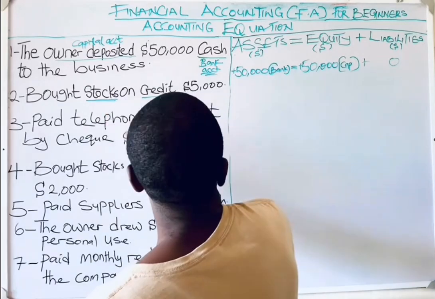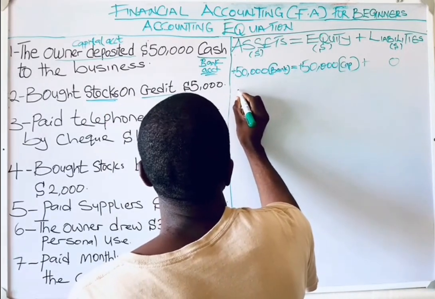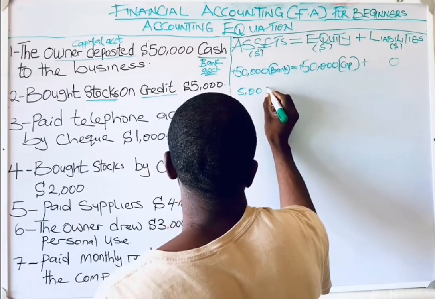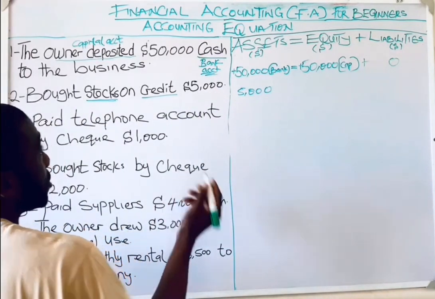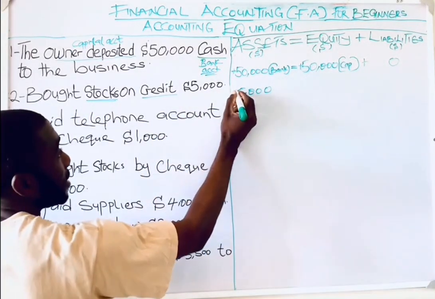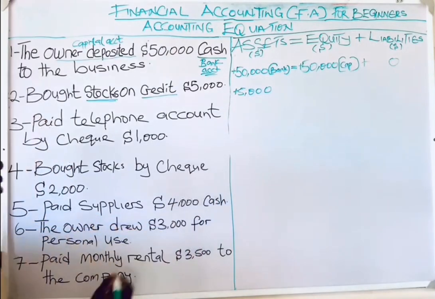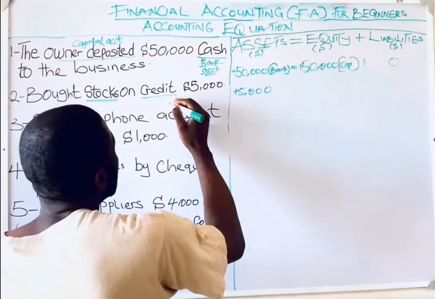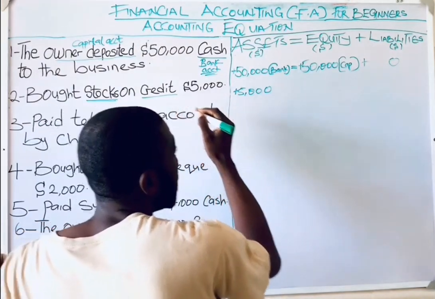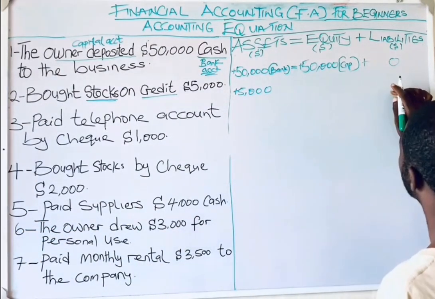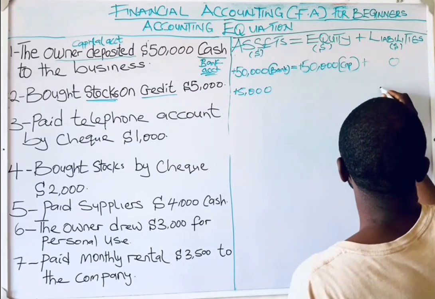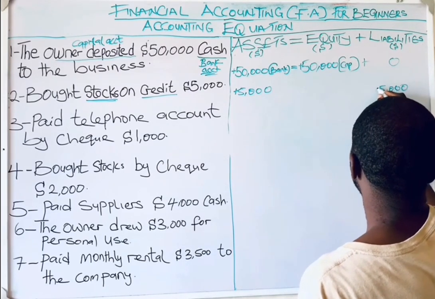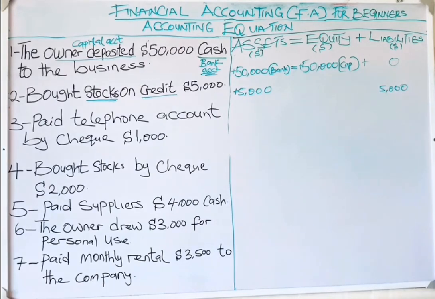You come here, stock, you say is $5,000, and the stock is coming in, that is, it is increasing, a positive value of stock. Now, trade payables or creditors is under liabilities, and it's worth $5,000, and it is increasing your obligation.